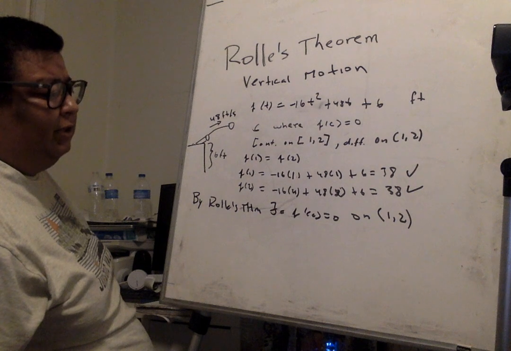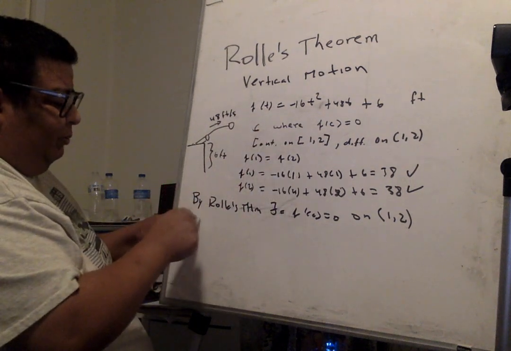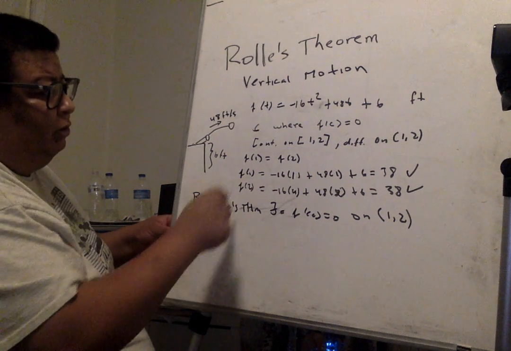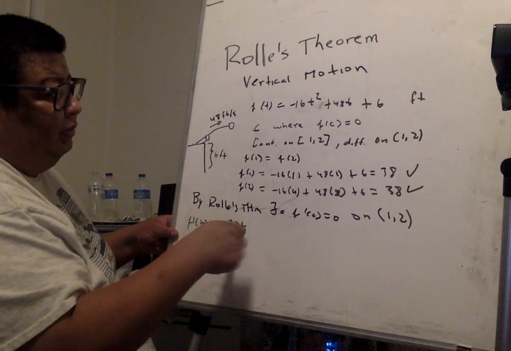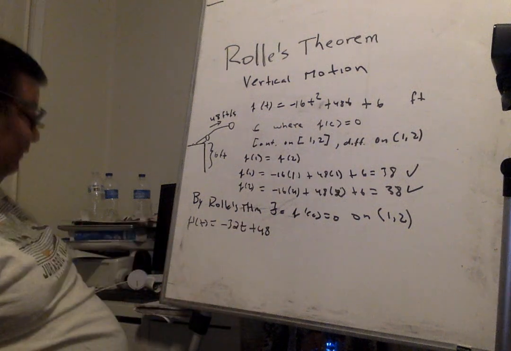So now let's find that c. So the way we do it, we take the derivative. So f prime of t is equal to, negative 16 times 2 will become negative 32t plus 48. So that's the derivative.